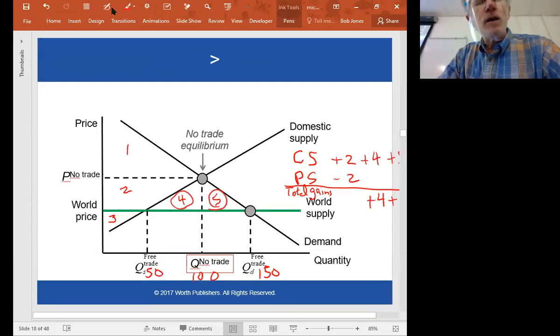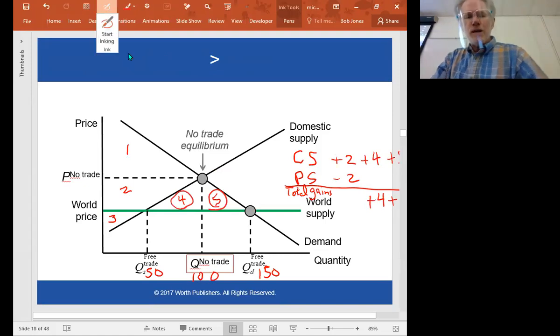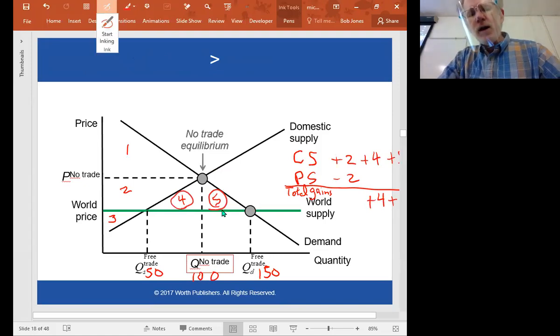Stick with this. Think about Area 5. Any guess as to why that would represent a gain? Who's that a gain to?